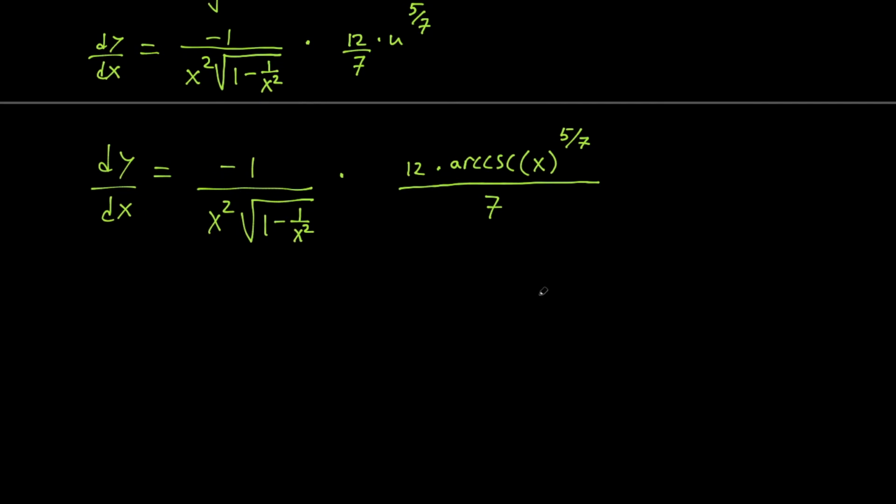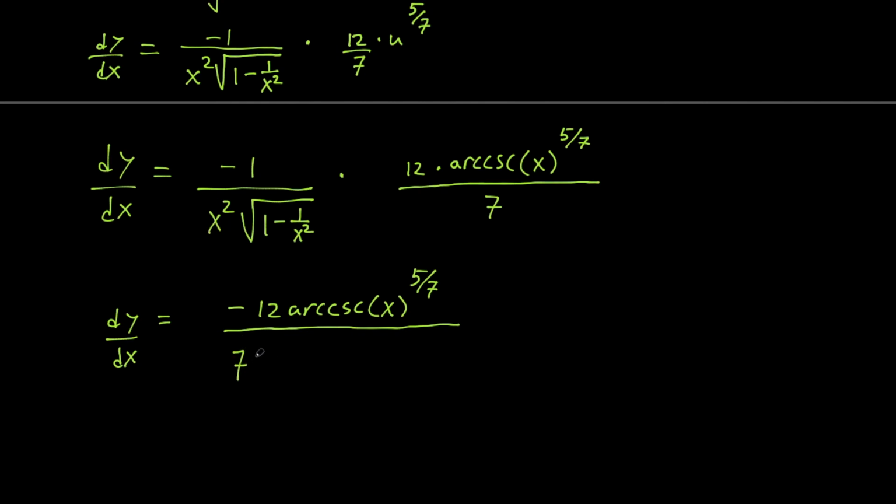And we can multiply through now with dy/dx equals -1 times 12 times arc cosecant of x to the 5 sevenths, which is just going to be equal to -12 times arc cosecant of x to the 5 sevenths over 7 times x squared times the square root of 1 minus 1 over x squared.